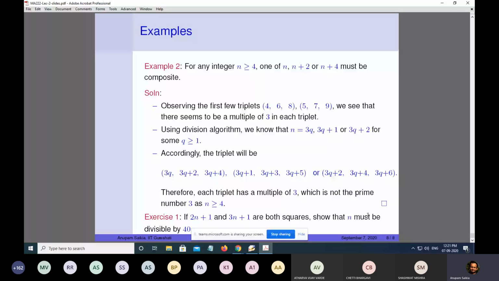If 2n plus 1 and 3n plus 1 are both squares, you should be able to prove using the division algorithm that n is divisible by 40. For example, if you put 40, you get 9 squared and 11 squared. That's one example. But whenever both are squares, it should be divisible by 40.